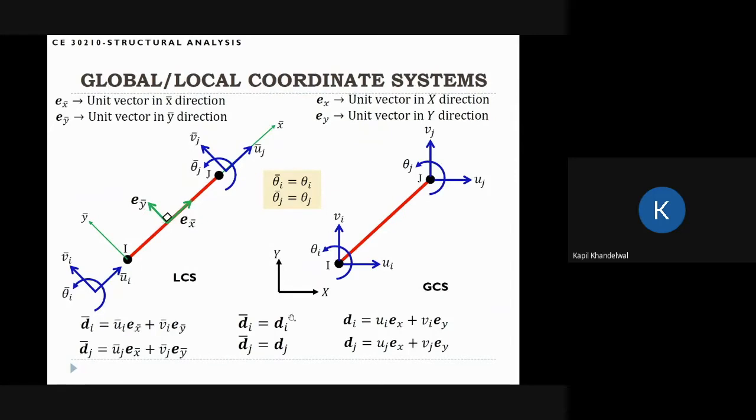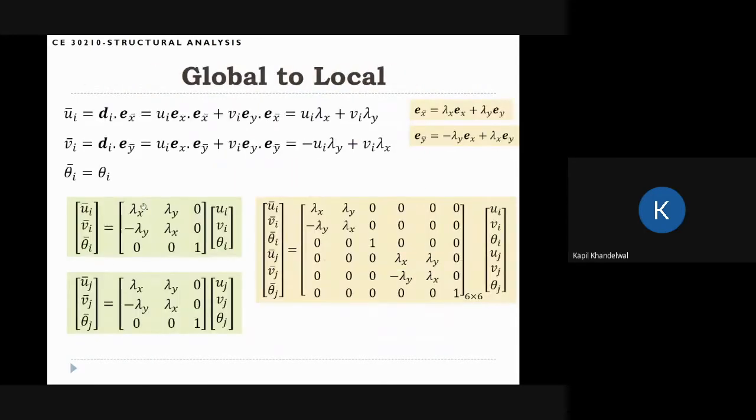You can think that this is a projection: Vi bar is the projection of Di in the Ey bar direction. To get the projection, we did the dot product again, and this is the expression we will get. And theta i bar is equal to theta i. Now we have these three relationships, 1, 2, 3. We just represented them in matrix form, like this here.